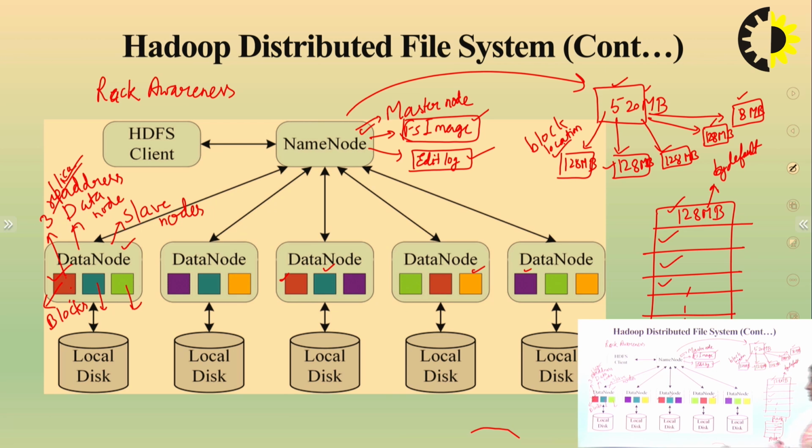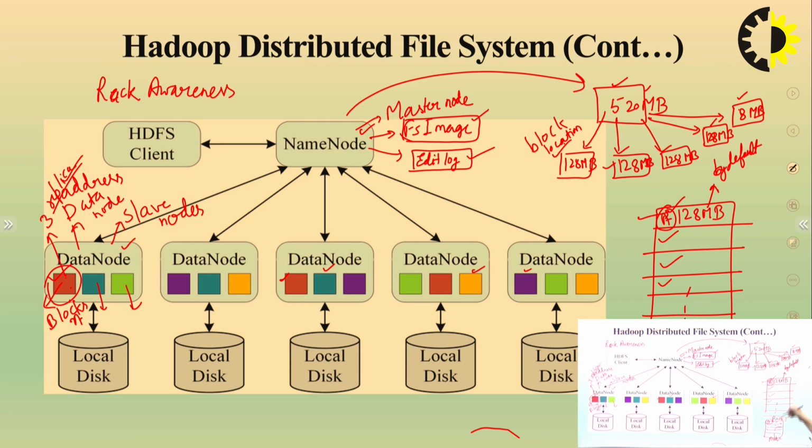Suppose we have stored block ID A here in rack 1. Then the replica of this A will be stored in another rack. The same block will be stored in rack 2.